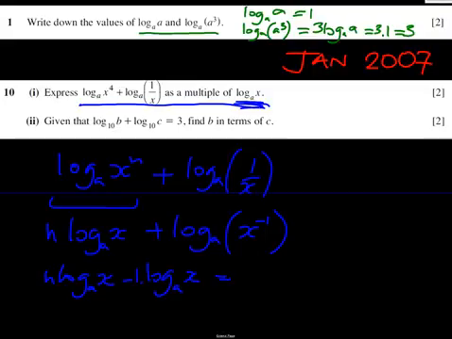There we go. So n was 4. Apologies, I've done that wrong. So therefore we're going to have 3 log A of x. There's that route through it.